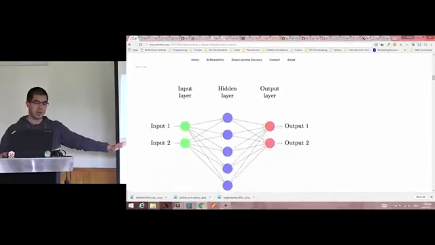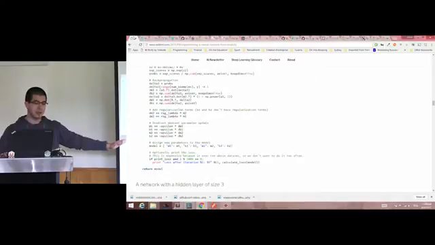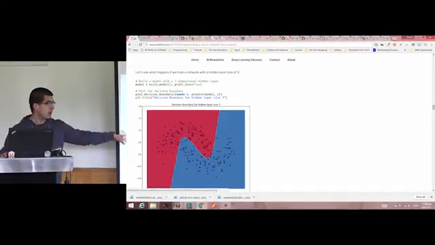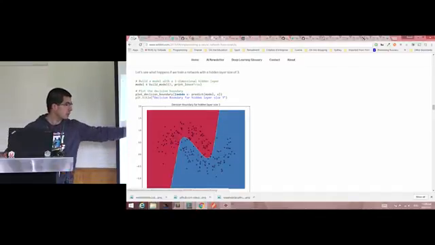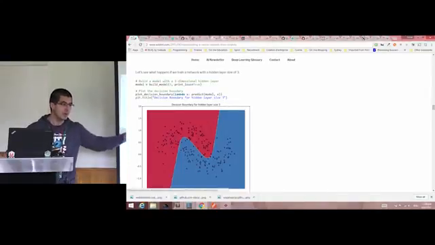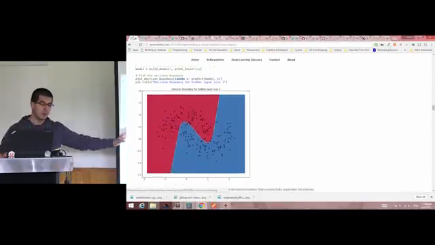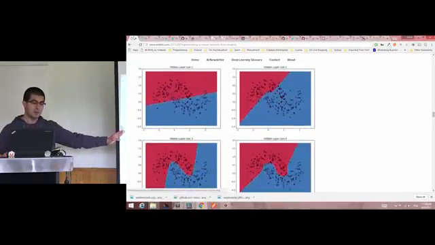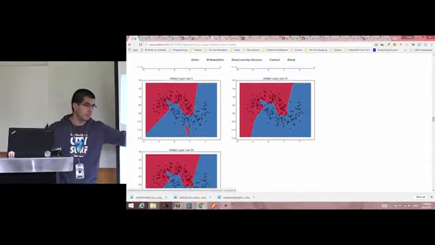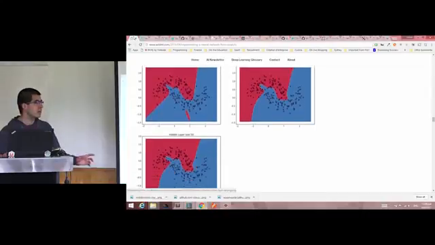But if you had a hidden layer, here the code is in Python, but I've done the same in JavaScript, the fact that you introduce a hidden layer, here you can see the symbol is for hidden layer size 3, you add a non-linearity to your problem. And the more you add, the more precise in your non-linearity you can go. So then it's a complexity.